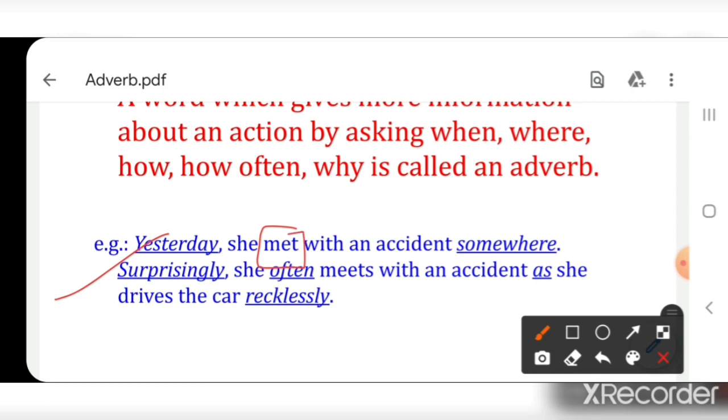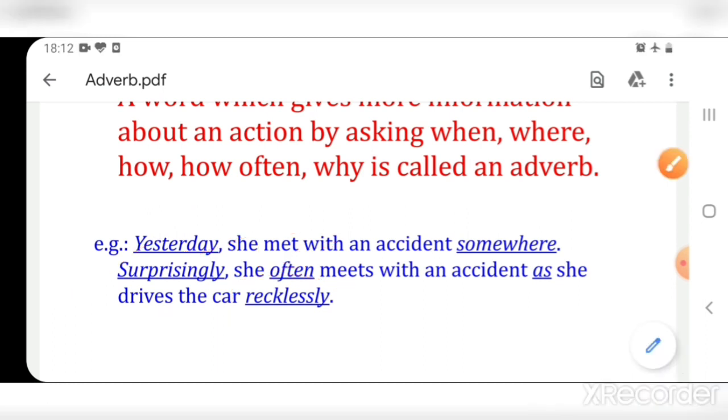So, that is an action. And regarding that action, the words yesterday, somewhere, surprisingly, often are describing more about this action. And as she drives the car recklessly, the word recklessly is describing the action of driving.